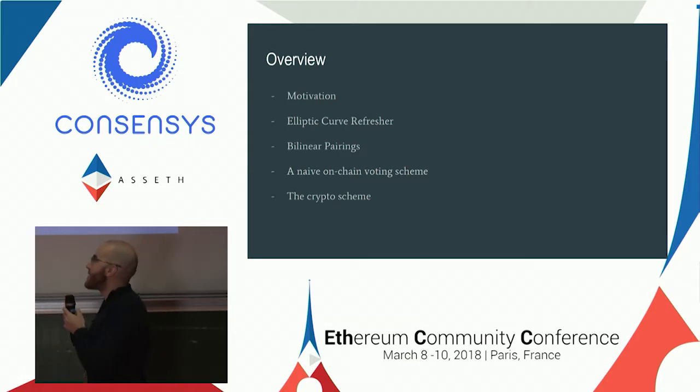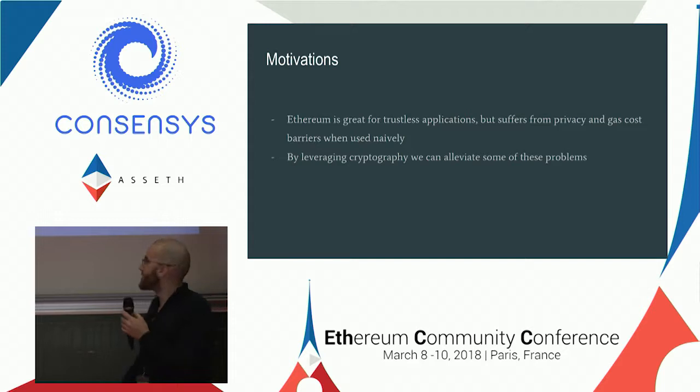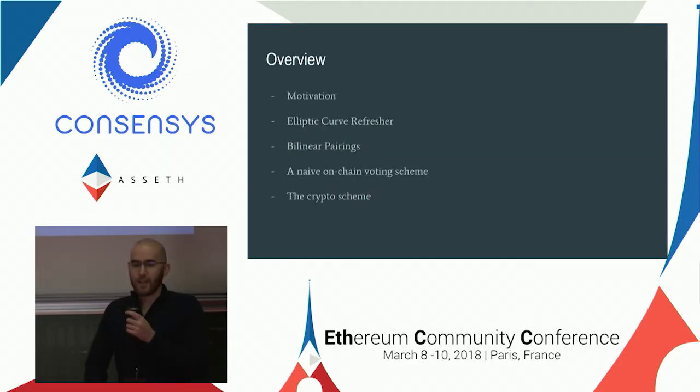Then we go through a naive on-chain voting scheme, say, if we're ever going to do e-voting on the blockchain, or those other blockchains that like to do on-chain governance, projects like Aragon, who have company governance on the blockchain.